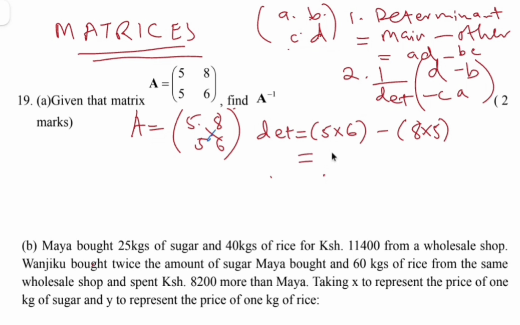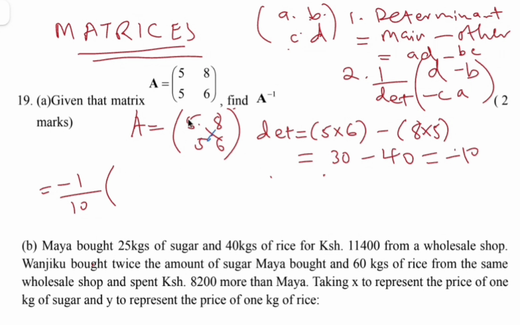So 5 times 6 is 30. 8 times 5 is 40. 30 minus 40 should give you negative 10. So you take 1 over negative 10. So let's say you just have negative 1 over 10. If you write 1 over negative 10, then you're correct as well.